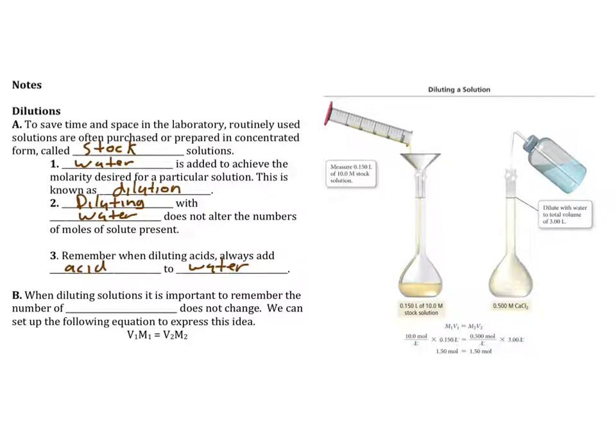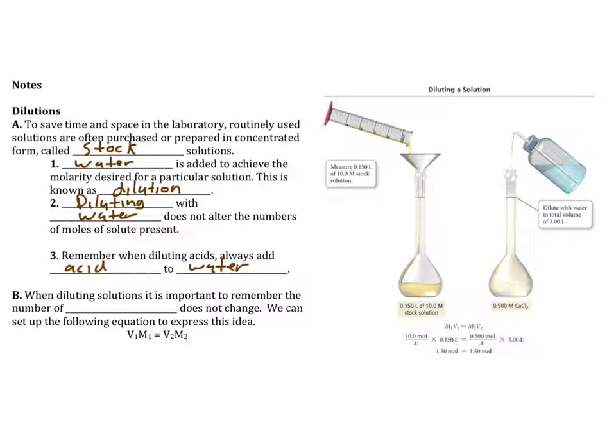We'll talk about that later, but essentially it produces a lot of heat, and it can splash some of that concentrated acid all over. But when you add the acid to the water, that does not happen. So you always want to add acid to water instead of vice versa.